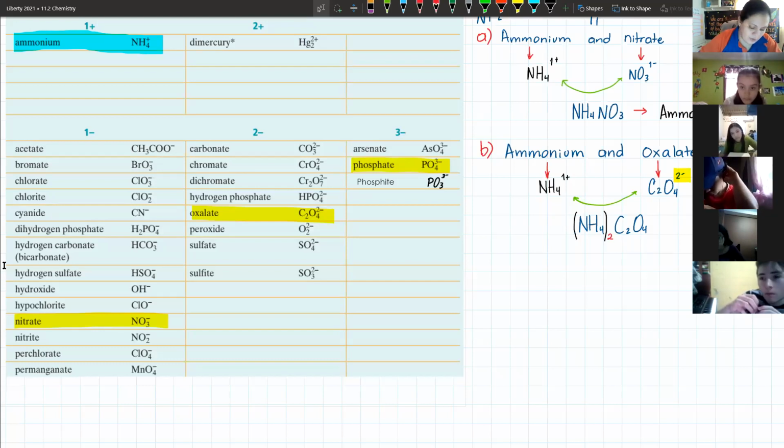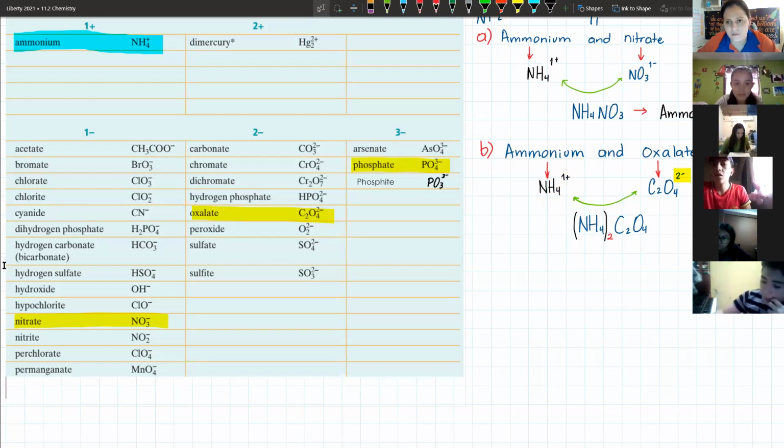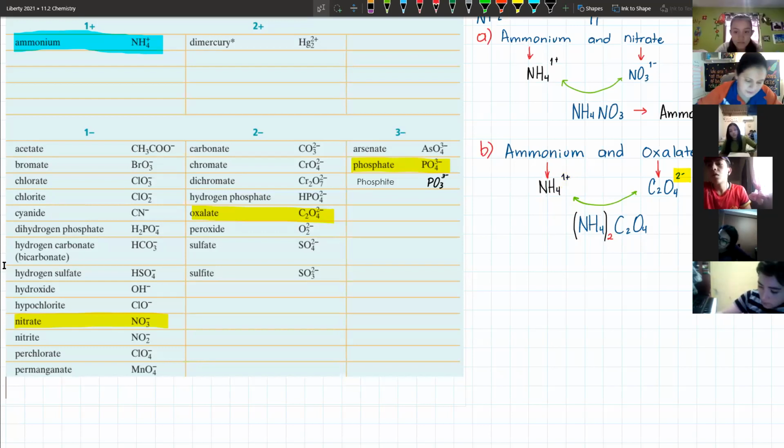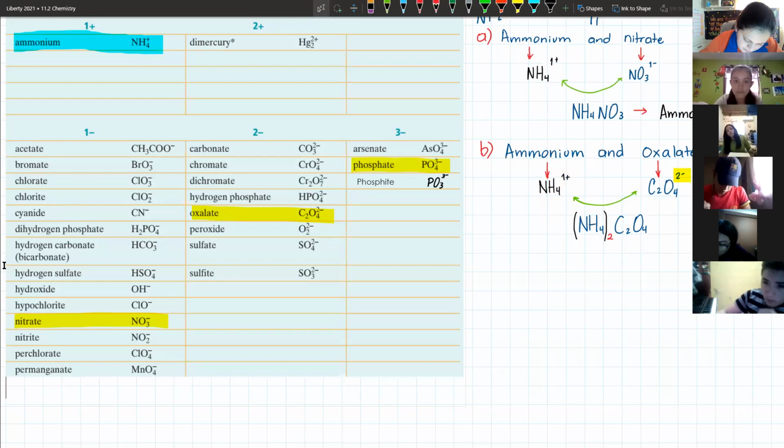What do we do with the 1 that I highlighted over there? You ignore it. We ignore it. And how do we name it?